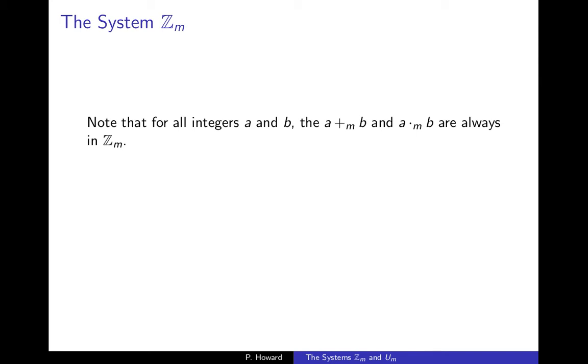One thing to notice here is that for all integers a and b, whether or not a and b are in Z sub m, if you add them using plus sub m or multiply them using times sub m, the answer will always be in Z sub m. So in particular, if you start with two numbers that are in Z sub m, say a and b, then a plus sub m b and a times sub m b will be in Z sub m.